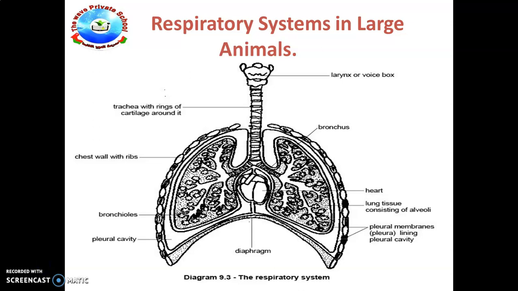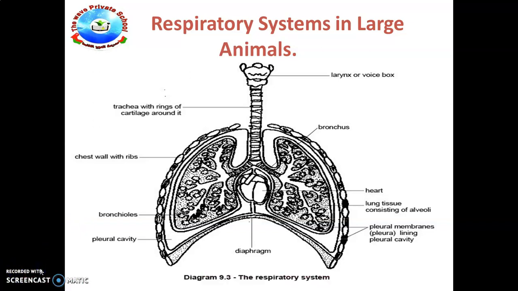If we compare active and inactive organisms, active organisms have an increased metabolic rate, and so there is a demand for this reason: larger active animals have specialized organs for the gas exchange system.